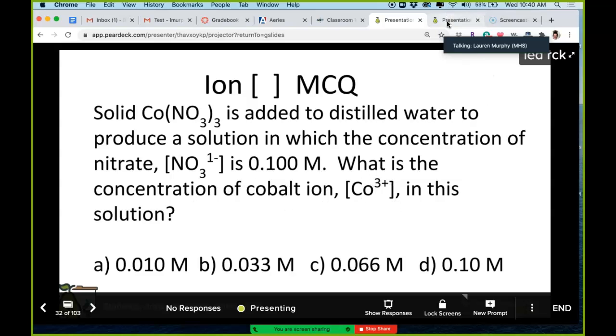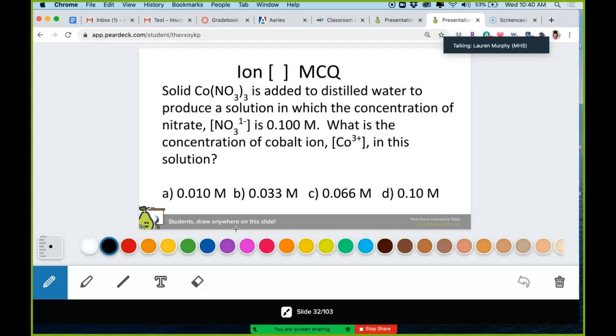So all we have to do is break apart our cobalt 3 nitrate into its respective ions, cobalt 3 plus and 3 nitrate ions.